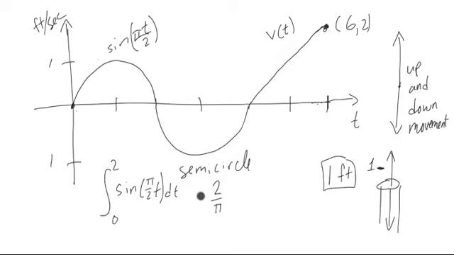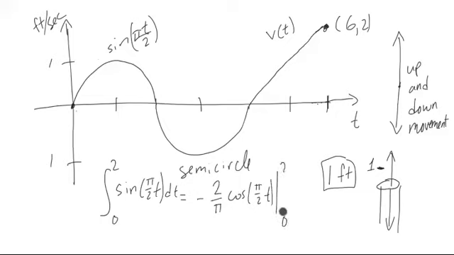And the antiderivative of sine is just negative cosine. Let's double check by taking a derivative. The derivative of cosine is negative sine, so the negative becomes positive of the same thing, but you multiply by pi halves, it cancels 2 over pi, yes. So that's an antiderivative. Then we go from 0 to 2.